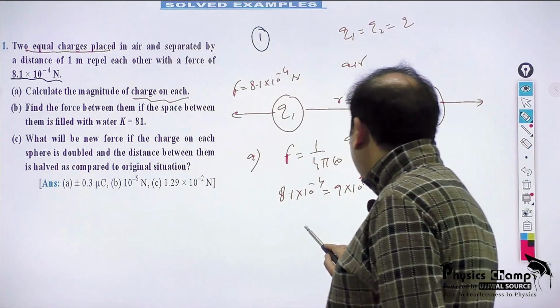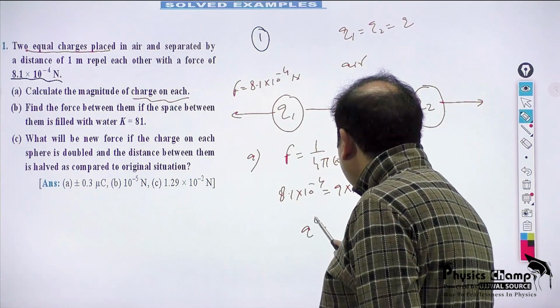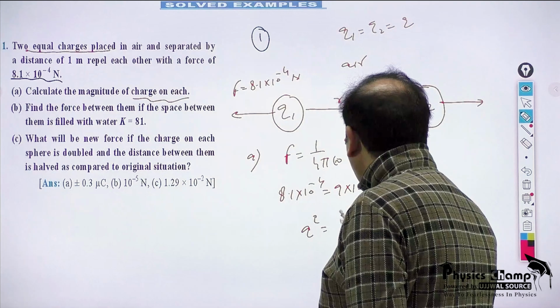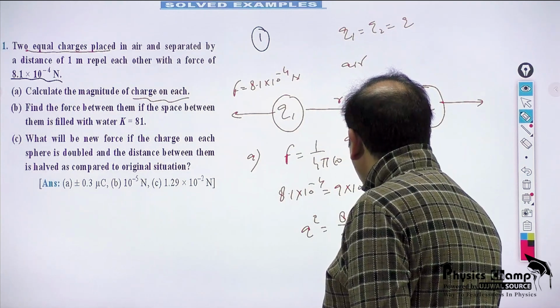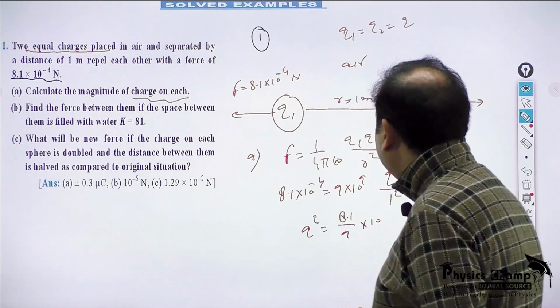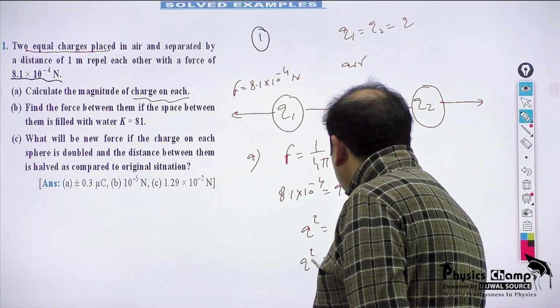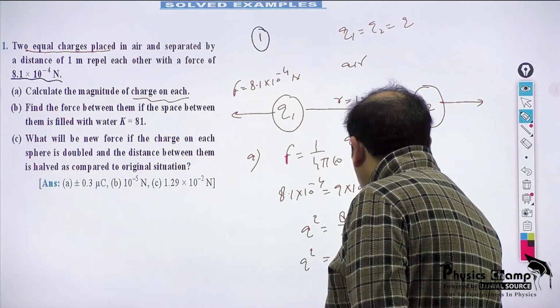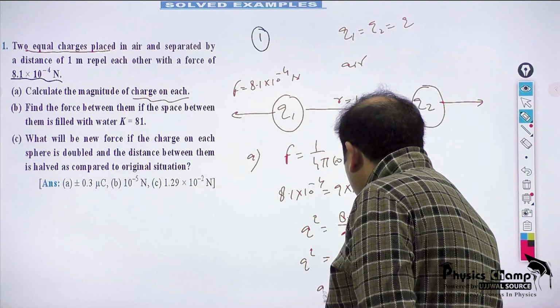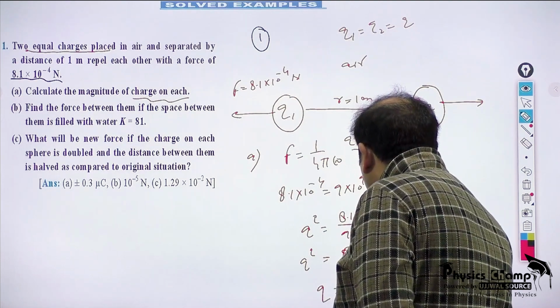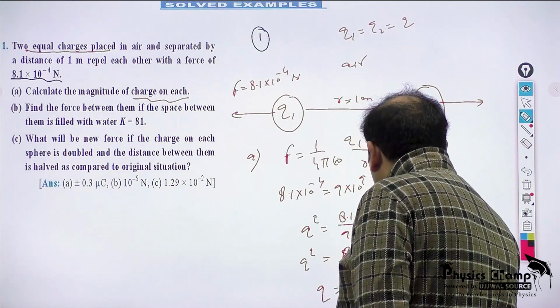So Q square is equal to 8.1 by 9 × 10^-13, so Q square is equal to 81 by 9 × 10^-14. Thus Q will be 3 × 10^-7 Coulomb.